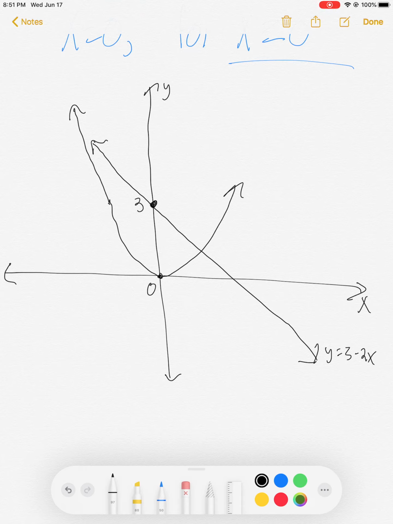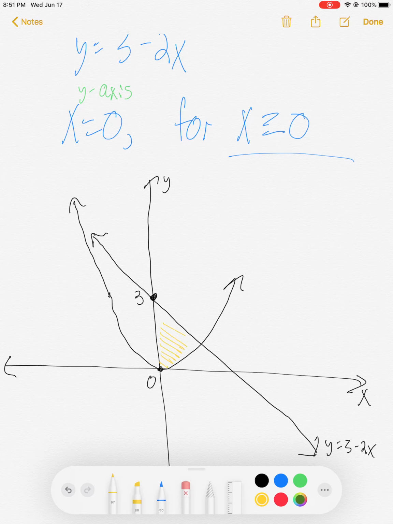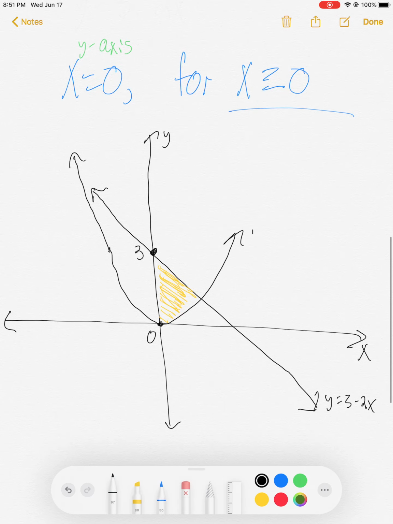We've got a region to the left of the y-axis, if I were to continue this line a little bit further, and we've got this region to the right of the y-axis. Because they clarify that we're rotating the region for x greater than or equal to 0, they want this region here to the right of the y-axis. That is our region. Let me label this curve: this is y equals x squared.